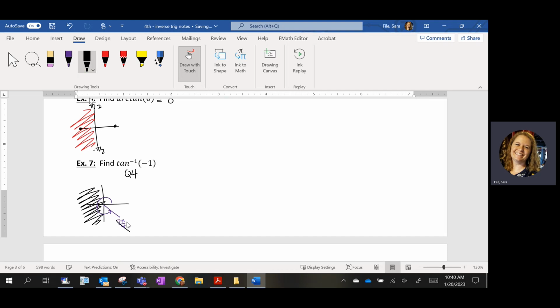So we do not use 7π/4 as the answer. I need to get there in the negative direction. So what's the negative coterminal angle there? Negative π/4. Or in degrees, what is that? Negative 45 degrees.